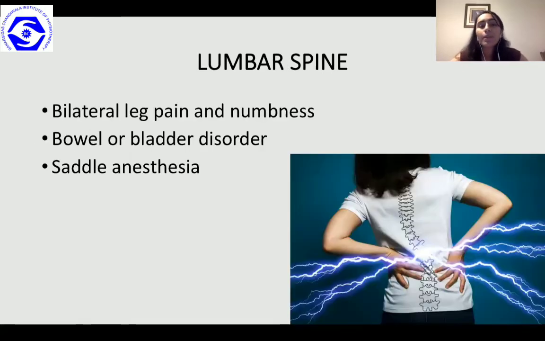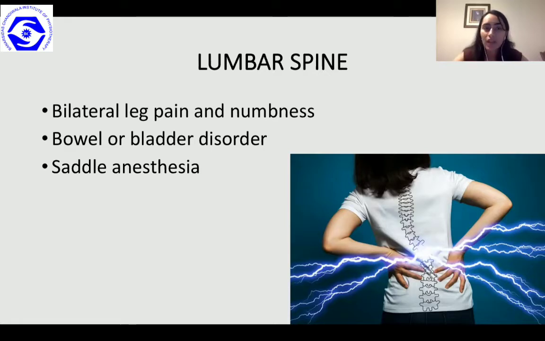And for the lumbar spine, always ensure to ask the patient before you treat him, if the patient has come with a complaint of back pain, whether he has bilateral leg pain or numbness, or any bowel or bladder disorder. That means, is it difficult for you to control your urine, or you're not able to go to the washroom on time?